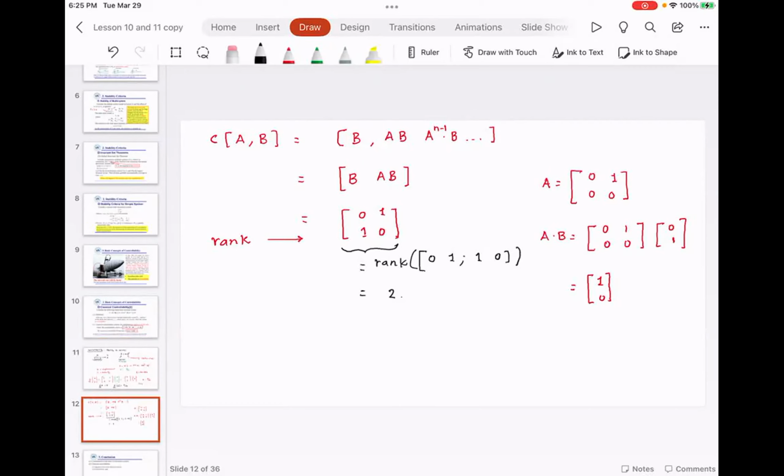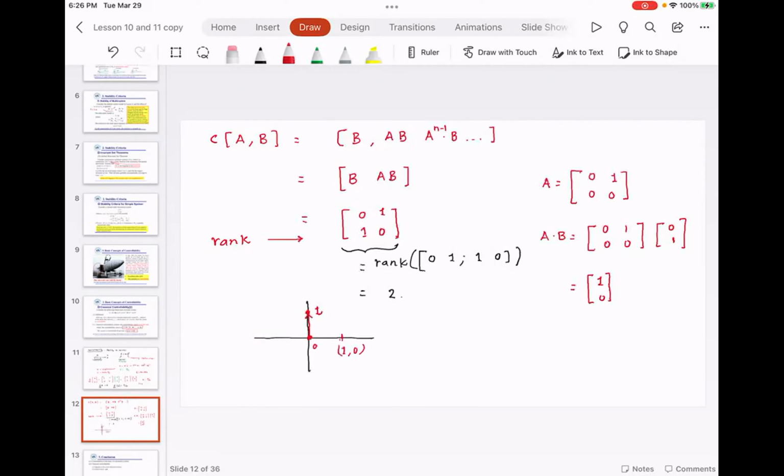I want you to understand, if I consider 0, 1 as a vector, then I have this vector 0, 1. And when I consider 1, 0 as a vector, I have 1, 0.